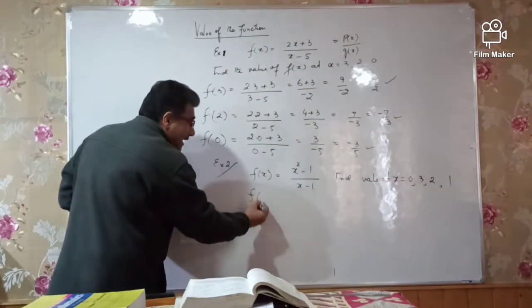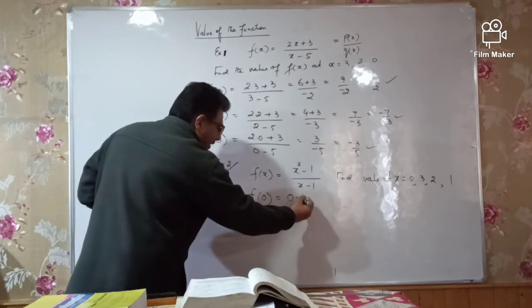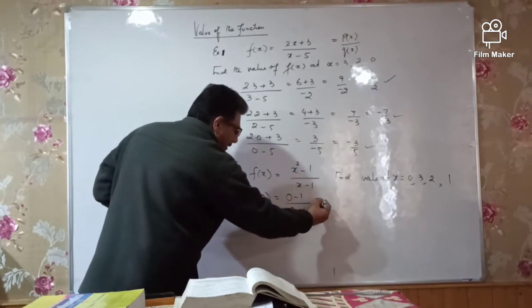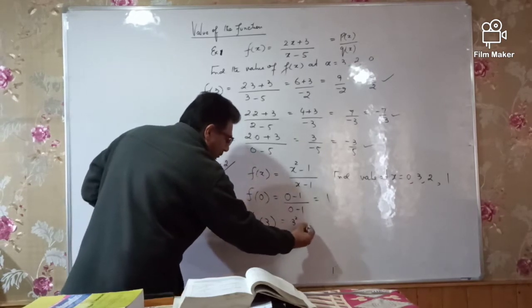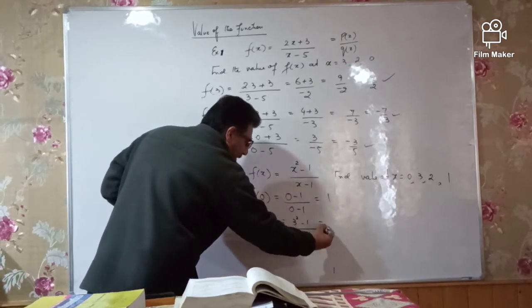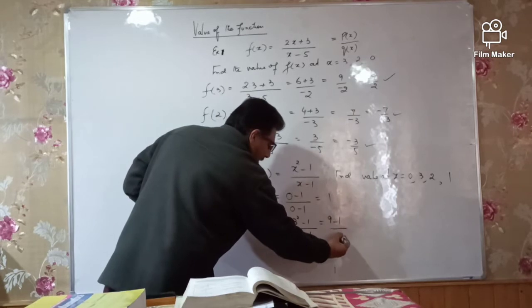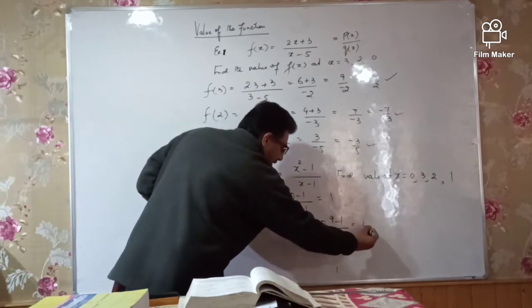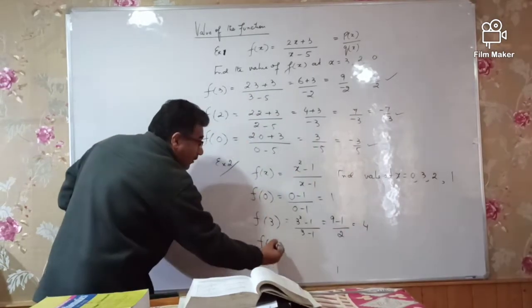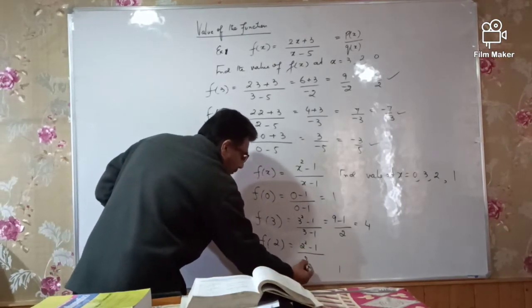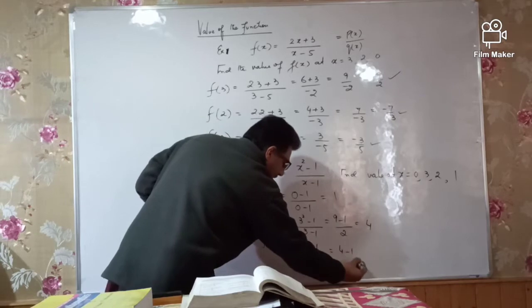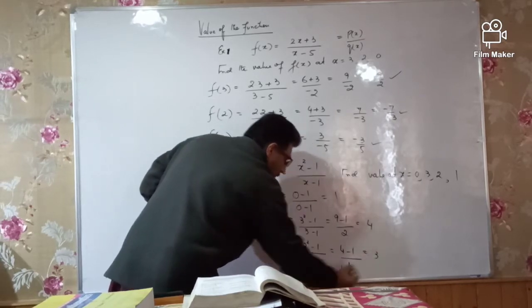See, what is f(0)? f(0) is (0 minus 1) upon (0 minus 1), that is 1. f(3) is equal to (3 square minus 1) by (3 minus 1), that is (9 minus 1) by 2, that is 8 by 2, which is 4. Then f(2) is equal to (2 square minus 1) upon (2 minus 1), that is (4 minus 1) upon 1, that is equal to 3.